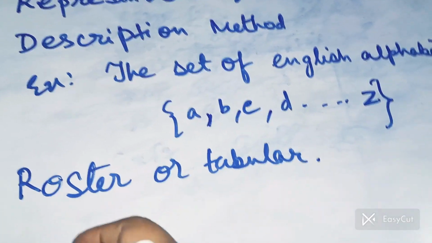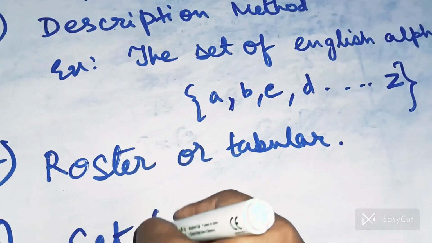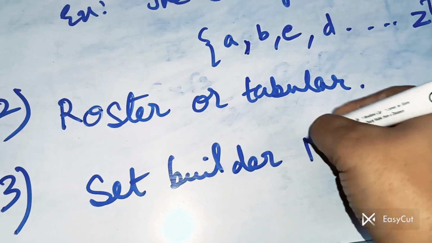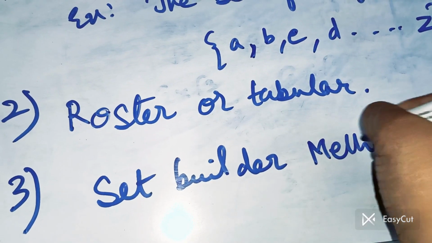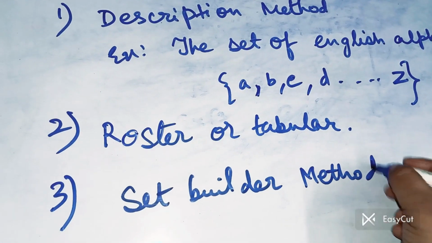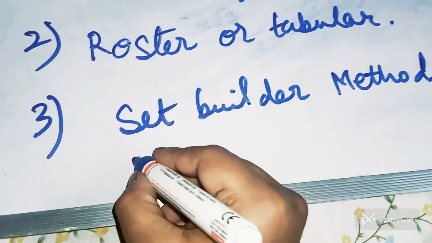The third comes the set builder method. In the set builder method, how do we represent this set of the vowels? We write it the same way.